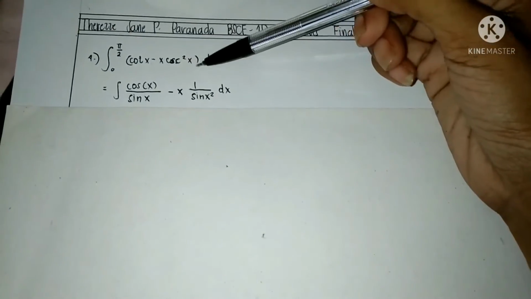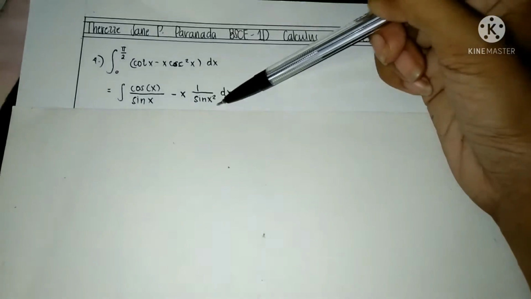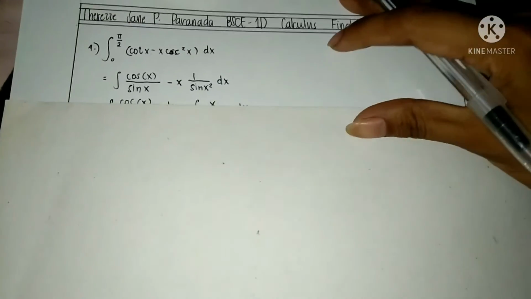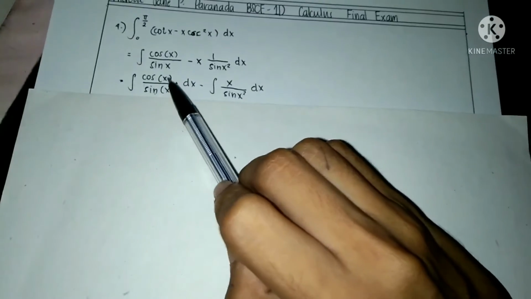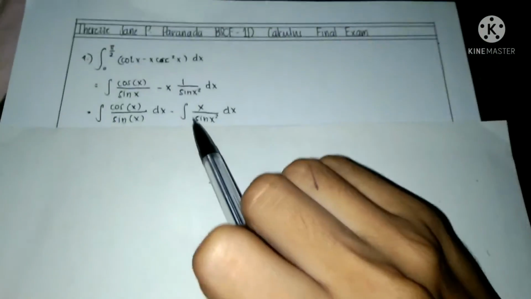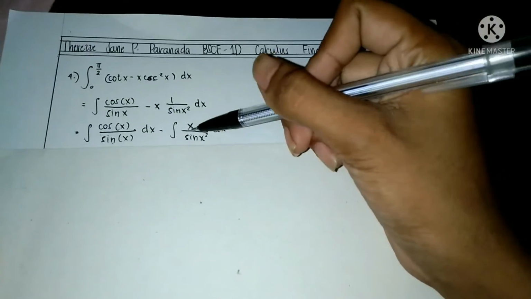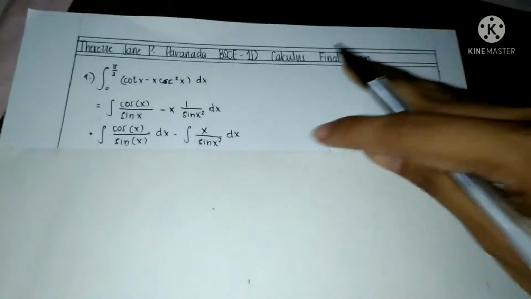And cosecant squared x will become 1 over sine x squared. So, paghiwalayin natin, i-integrate yung dalawa. So, it will become like this. The integral of cosine x over sine x dx minus the integral of x over sine x squared dx.